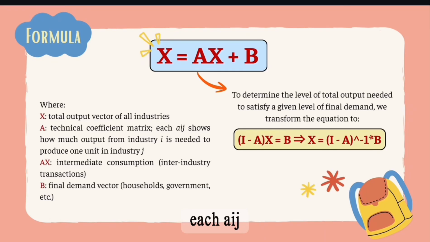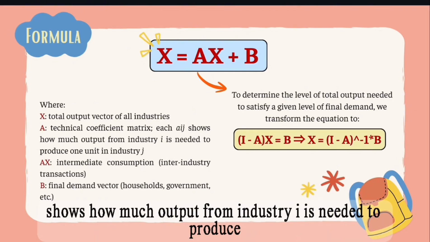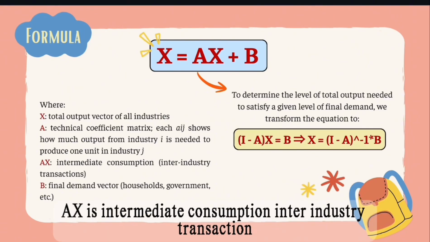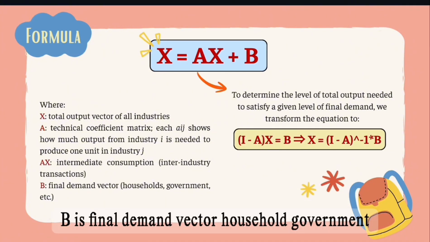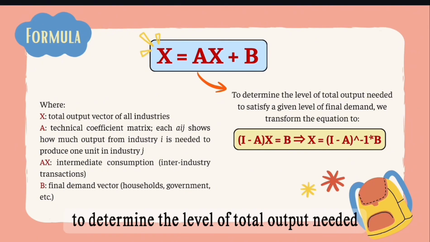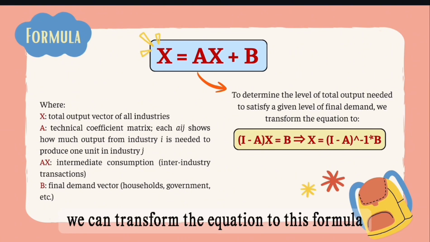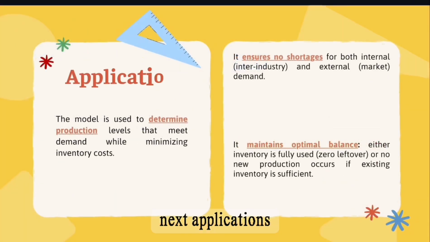Each Aij shows how much output from industry I is needed to produce 1 unit in industry J. AX is intermediate consumption, inter-industry transactions. B is the final demand vector, household and government. To determine the level of total output needed to satisfy a given level of final demand, we can transform the equation to this formula.